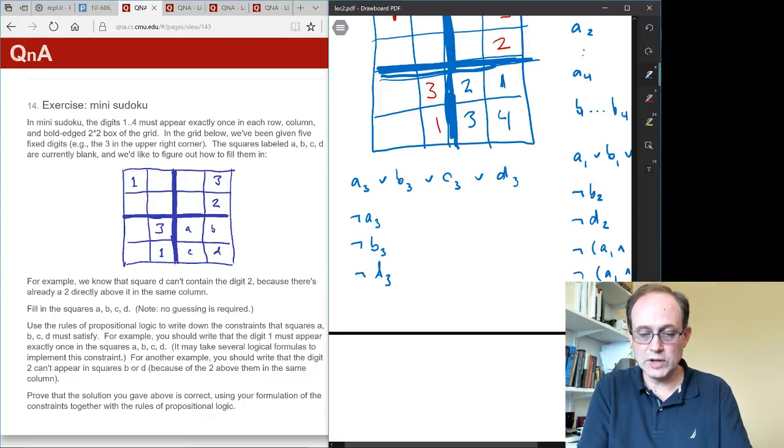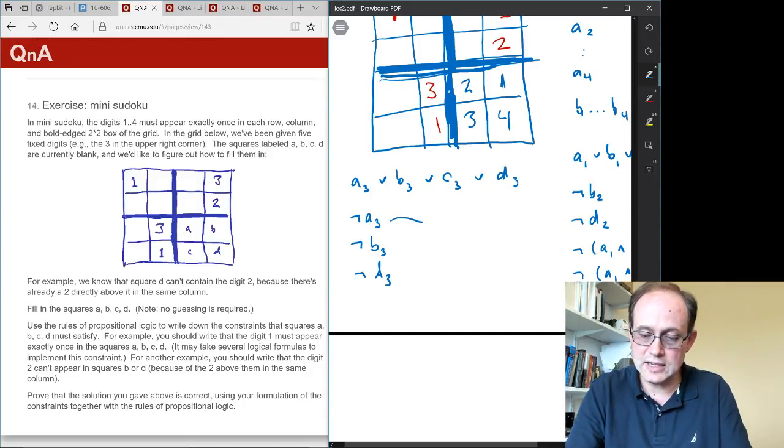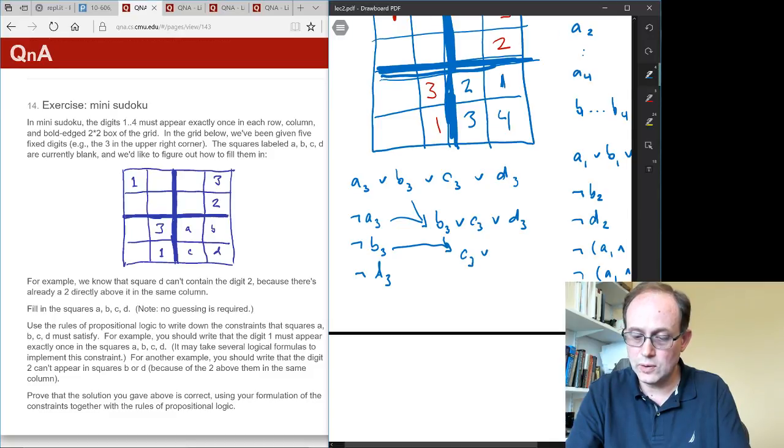And so if we use resolution on this one and this one, together they give us B3 or C3 or D3, right? And then we can resolve from this one and that one and get C3 or D3.